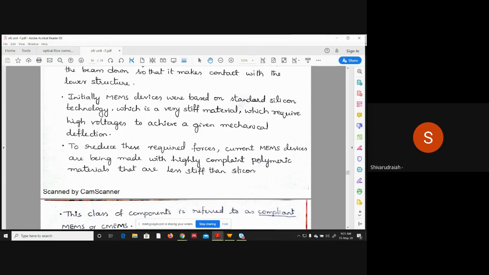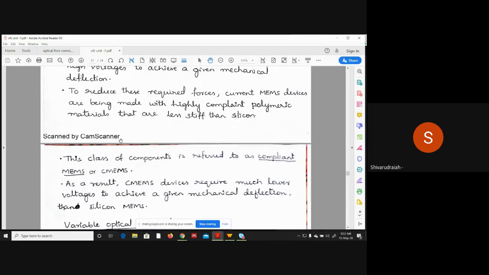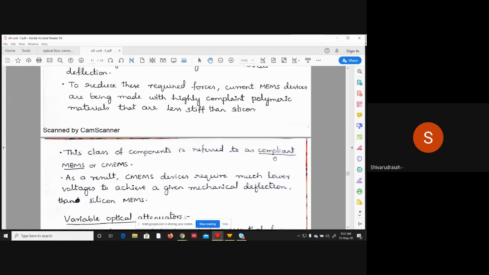So highly compliant polymeric materials are used instead of the stiff material. One can apply less voltage between the plane and the beam so that the same mechanical deflection can be achieved with less voltage. Those devices are called compliant MEMS, or CMEMS in short form. CMEMS means compliant MEMS, where the materials for your suspended beam and the ground plane are highly compliant polymeric materials.